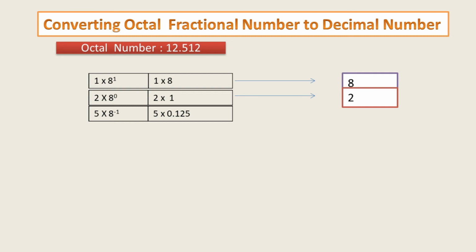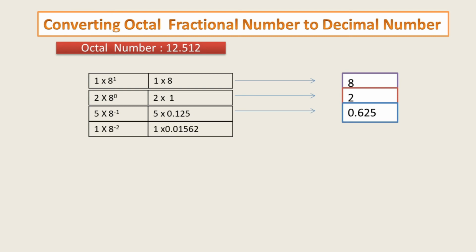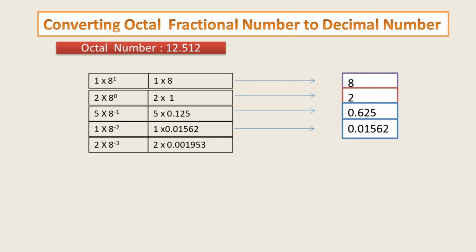So the first digit is 5 into 8 to the power minus 1. Then 1 into 8 to the power minus 2, that is 1 into 0.01562. And similarly the last digit is 2, so 2 into 8 to the power minus 3, which comes to around 2 into 0.001953.